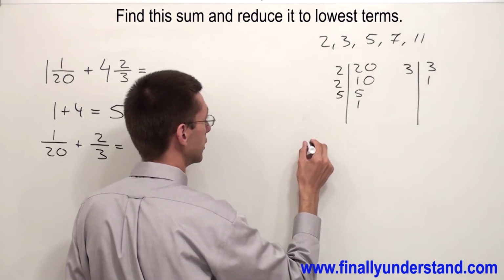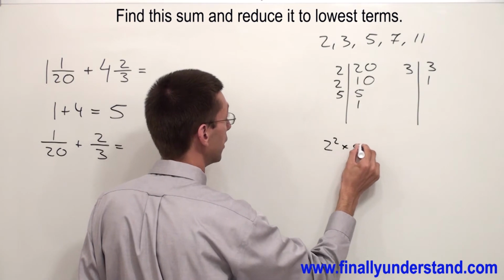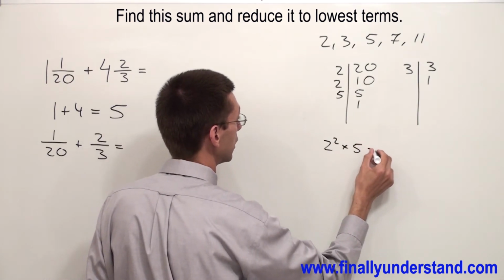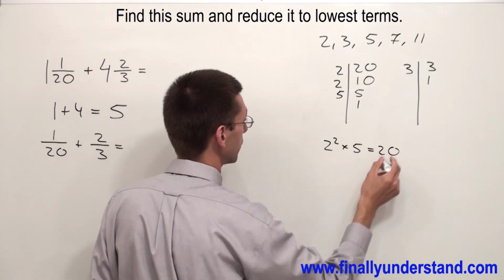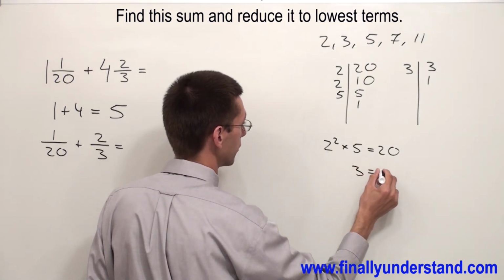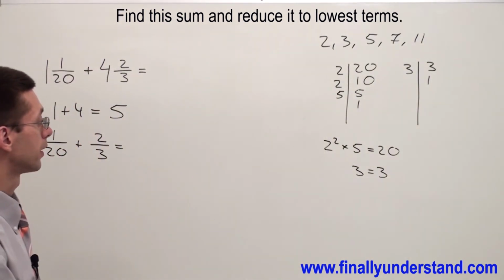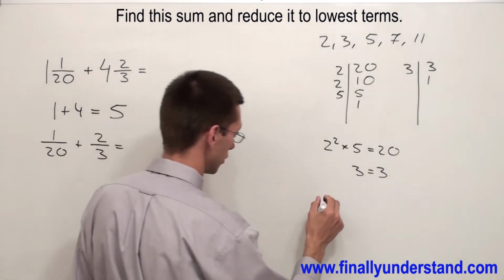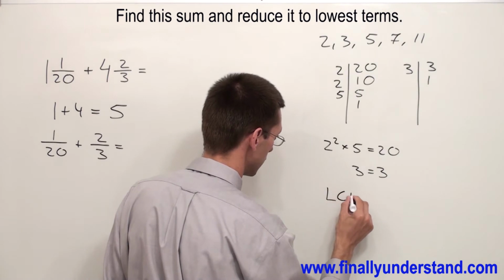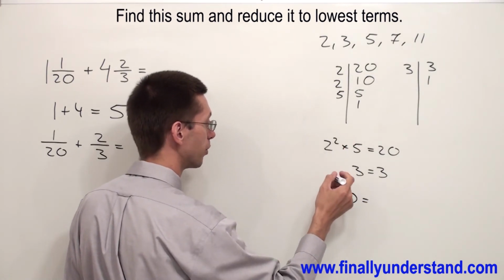In other words, I can say this is 2 to the second power times 5 equals 20, and 3 is equal to 3. Okay? Now, if you're looking for the LCD, lowest common denominator, you have to remember that we always look at the different numbers and highest powers.